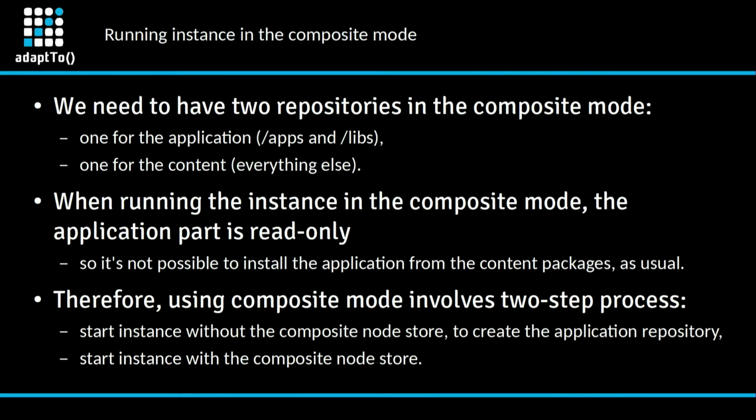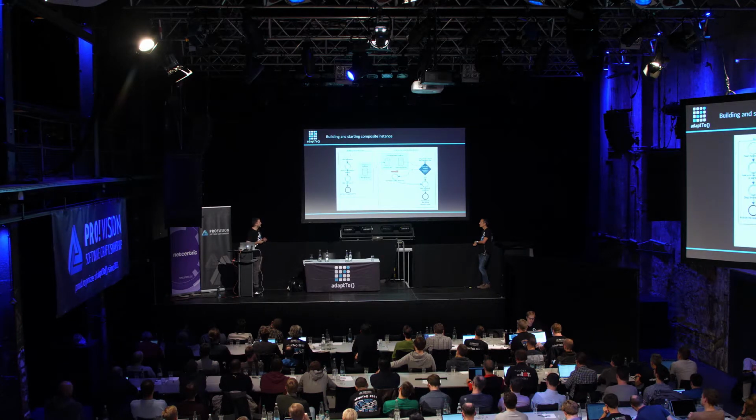So in the first stage, we simply start the instance and stop it immediately after it's initialized, and then we take this segment store created in the process, and we treat it as another build artifact. And it will be used when we are trying to actually run the AEM based on the Composite Node Store.